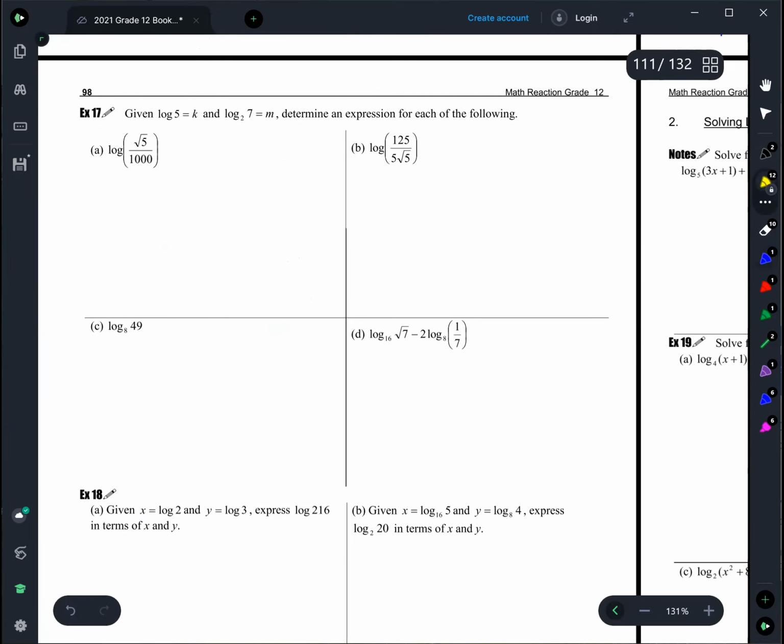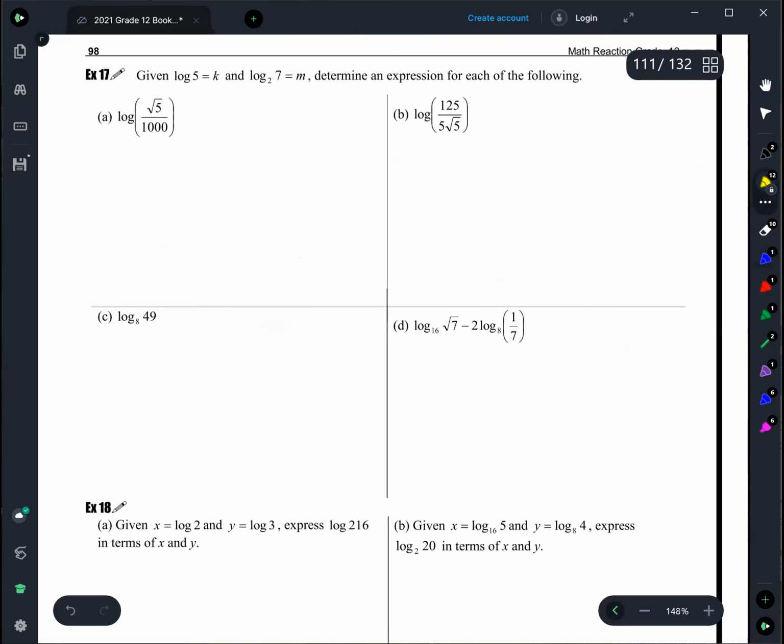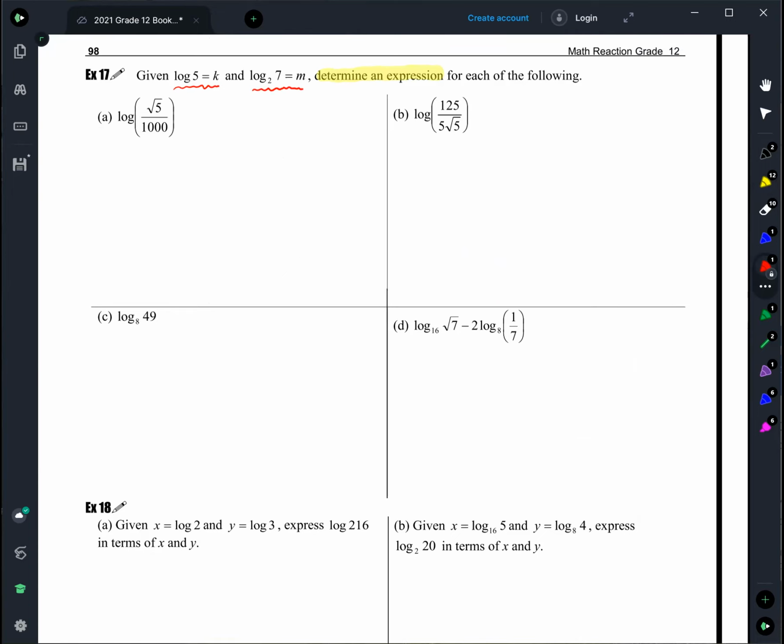This part is not evaluating, it asks you to determine an expression. So your final answer still has no log, but it won't be a number, because an expression means it still has letters. We could have K, because it says log 5 is K, log base 2 of 7 is M. So your final answer has either K or M.